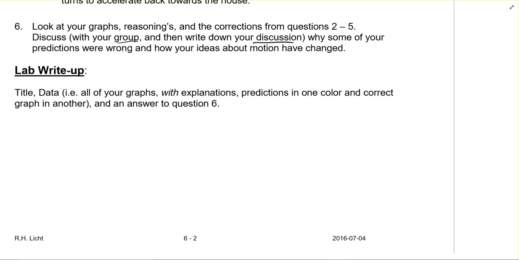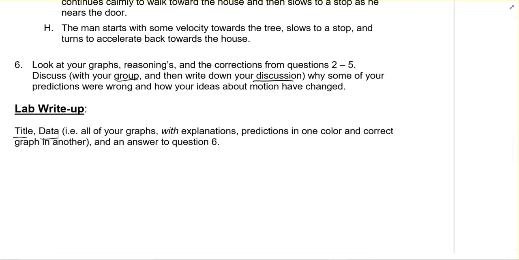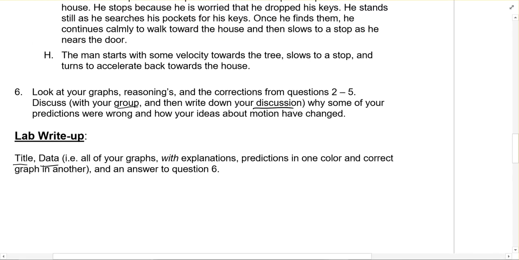So for this lab write-up, you need to have really these things. Title, data. In this case, it's all the graphs with explanations, predictions in one color, and correct graphs in another, and an answer to question 6. Just know that this is a Physics 20 lab, and you will be marked on the quality of your work, right?